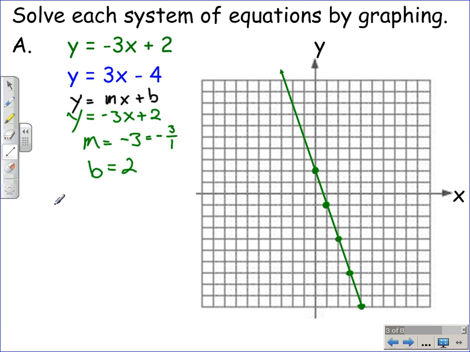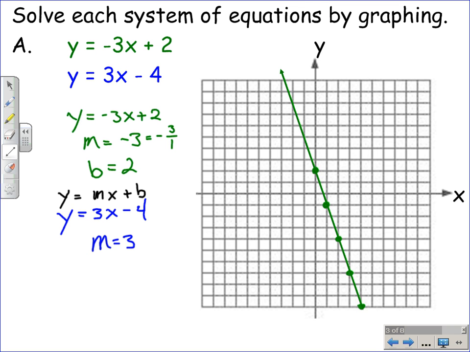Now we move on to y equals 3x minus 4. To graph this, we use the idea that it is in slope-intercept form. We identify the slope and the y-intercept. The slope of this line is 3, and the y-intercept is negative 4. So first we plot the y-intercept.